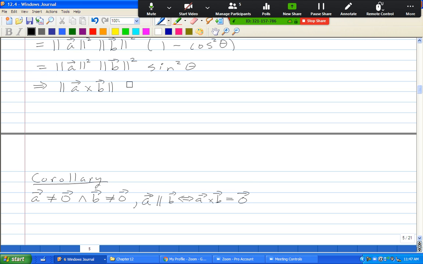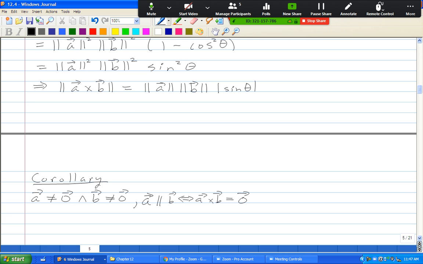Okay, so this is just equal to the norm of A times the norm of B times the absolute value of sine of theta.